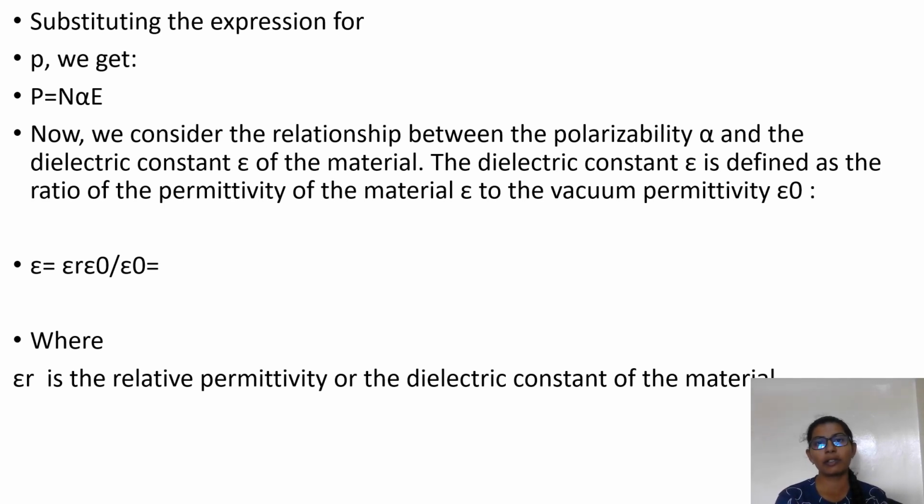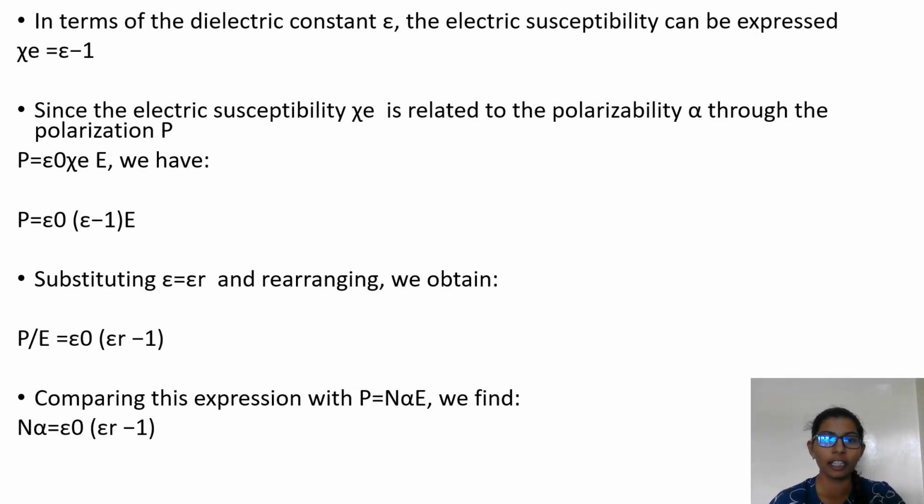Epsilon r is equal to epsilon divided by epsilon naught, where epsilon r is the relative permittivity or dielectric constant of the material. In terms of the dielectric constant, the electric susceptibility can be expressed as chi e is equal to epsilon r minus 1.